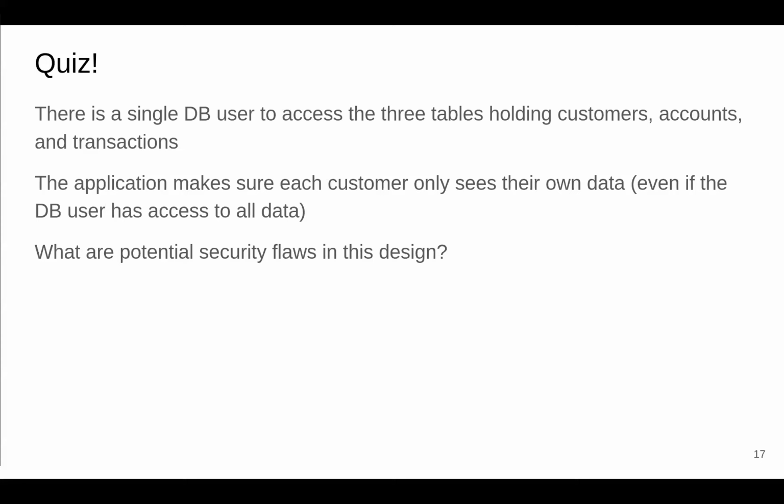Yes, I stand by what I said. Because if there's only one account and the application makes sure that people see their own data, maybe in a month you will do something wrong and things will go forward. If the application is now directly exposed to the users and to the outside, there are no more layers.